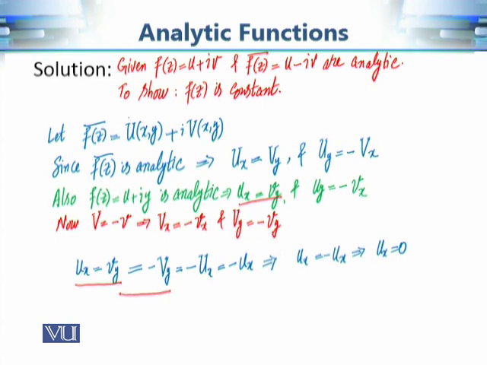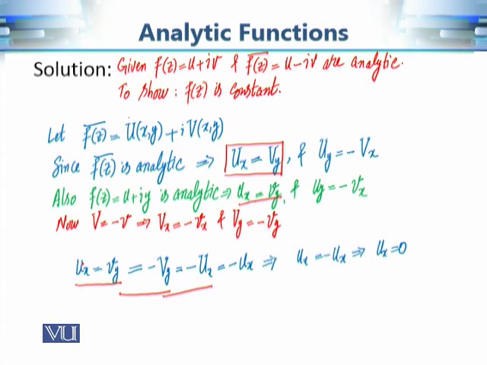Now going to the equations relating these capital V's and capital U's, minus capital Vy must be equal to minus capital Ux. Okay, so now we are using this. And since capital U and small u are equal, capital Ux must be equal to small ux. So that's why we have this equal to minus small ux.